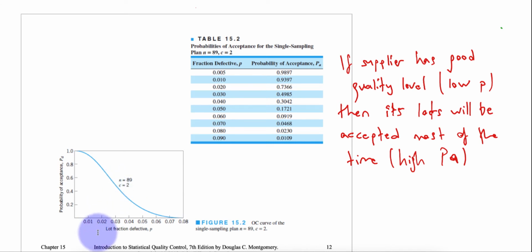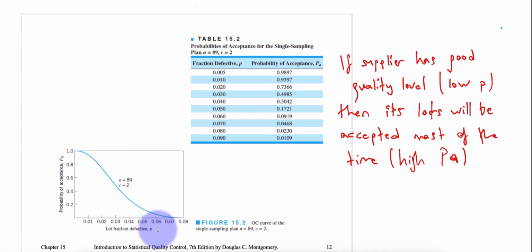On the horizontal axis, we have lot fraction defective, and on the vertical axis, we have probability of acceptance, PA, okay? And lot fraction defective is represented by the lower p here, all right? So the OC curve is showing the discriminatory power of the acceptance sampling plan.